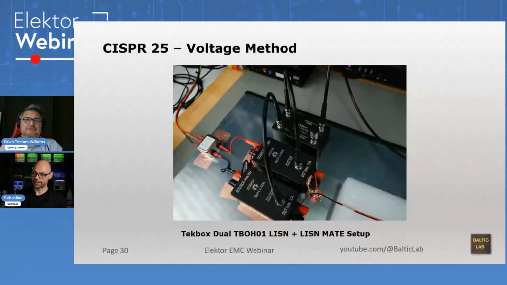At least from the technical standpoint, I know electrons flow that way and come back that way. Common mode would be both signals, like noise coming from over here, traveling on both lines, same direction, same phase, same amplitude. And so this is separating common mode and differential mode, so we can measure them independently.